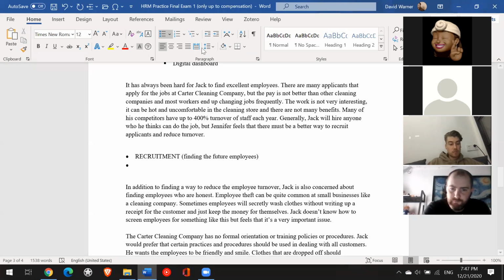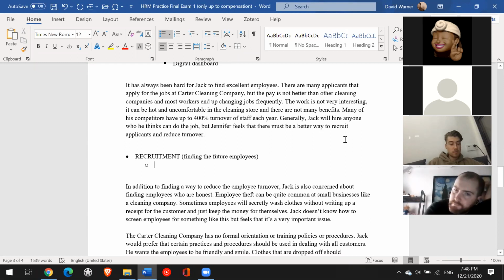So in recruitment, what are we talking about? Selection. Well, selection is a whole other topic. Maybe internal and external. Internal and external what?